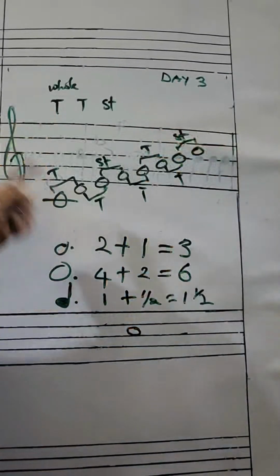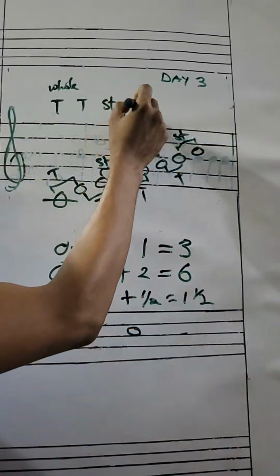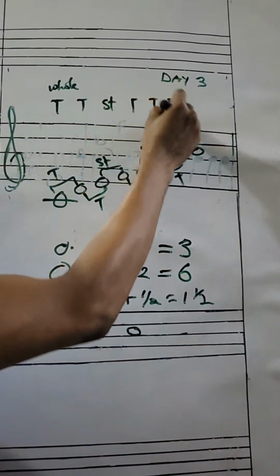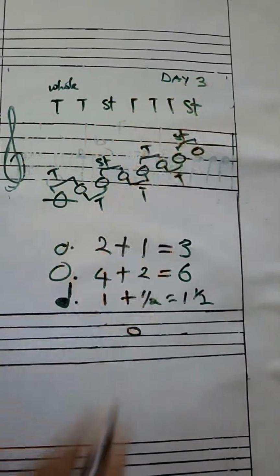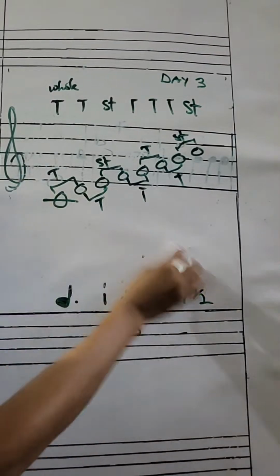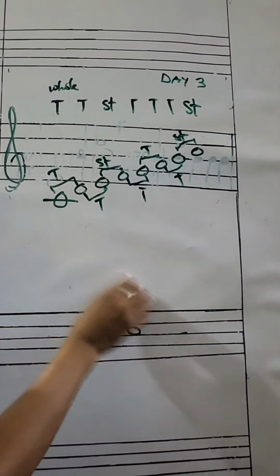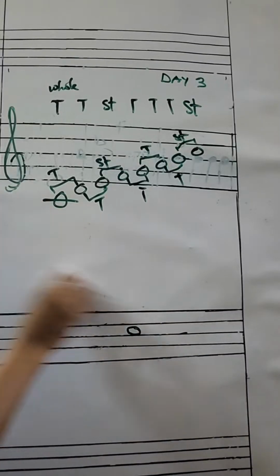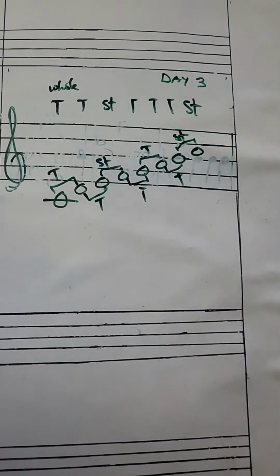So we have a principle of tone, tone, semitone, tone, tone, tone, semitone. Now if you look at the keyboard, you see that the key C is already built on this tone, tone, semitone, tone, tone, tone, semitone.